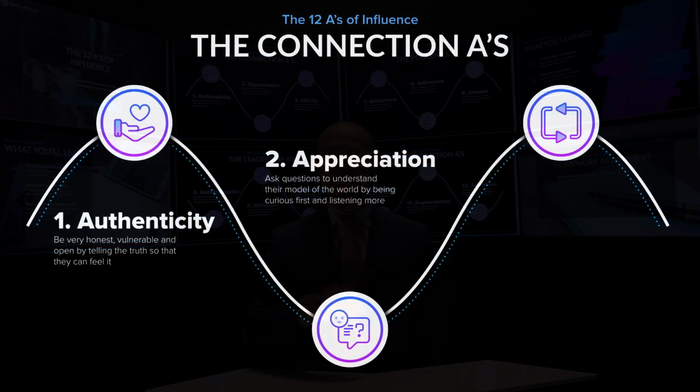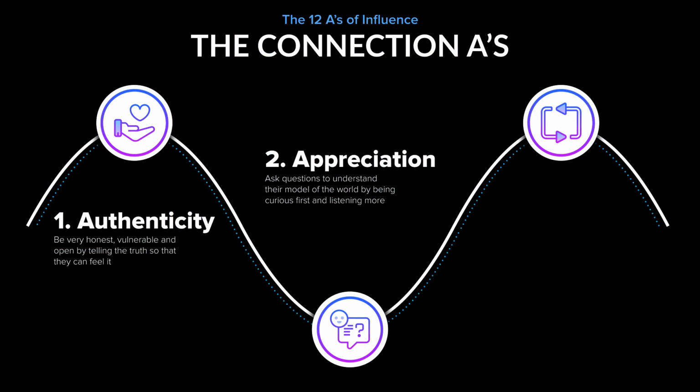On top of asking really powerful, intelligent questions that are acutely designed to serve the prospect, another way that we can use the A of appreciation is to simply express our appreciation for something about that prospect.